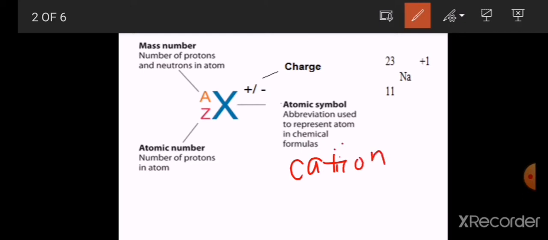Okay, sorry. Pag negative charge naman, ito ay an ion. Pag no charge, syempre, neutral. So, that's an atom.